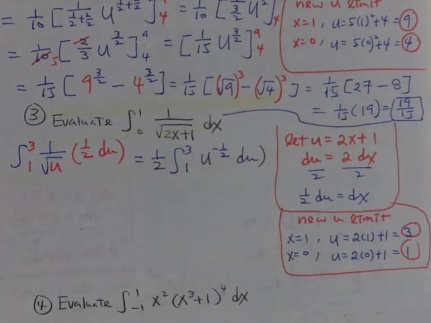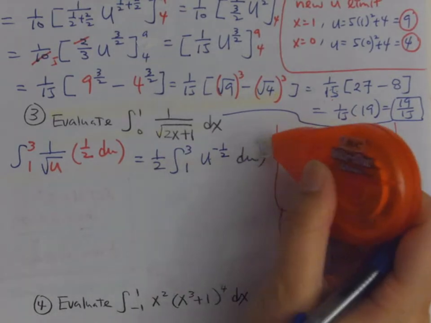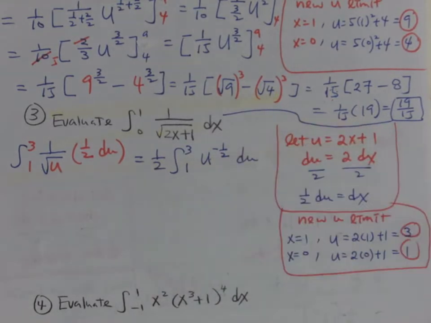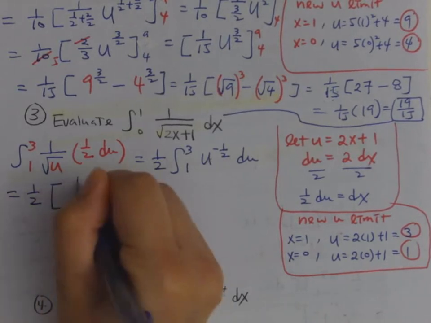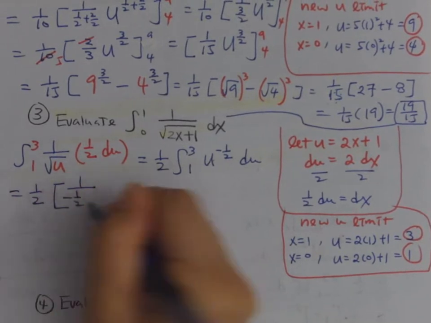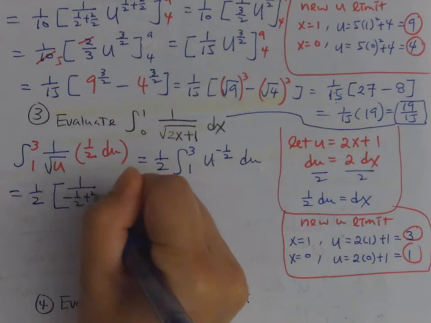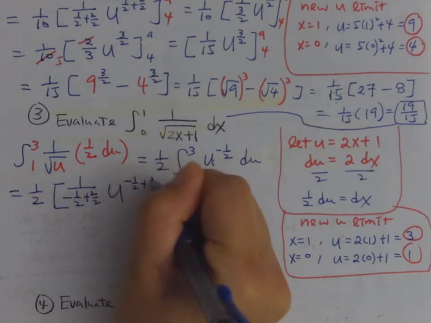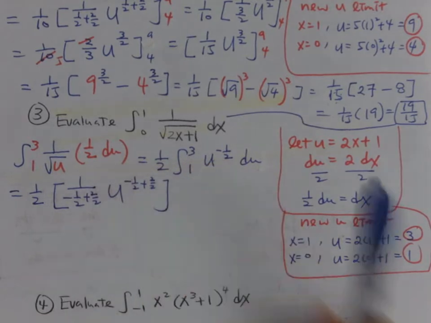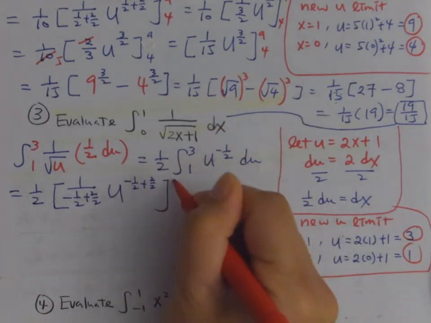So let's see, we can take the integral of that. So we got 1/2 times 1 over negative 1/2 plus 1, 2 over 2, u to the negative 1/2 plus 2 over 2, and then write the limits there.